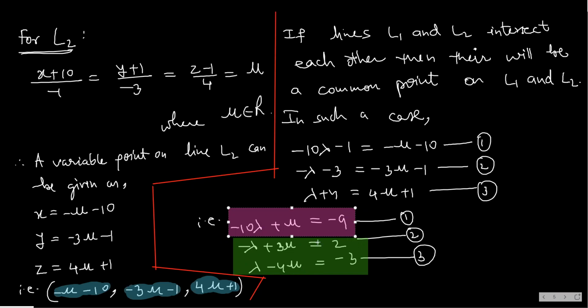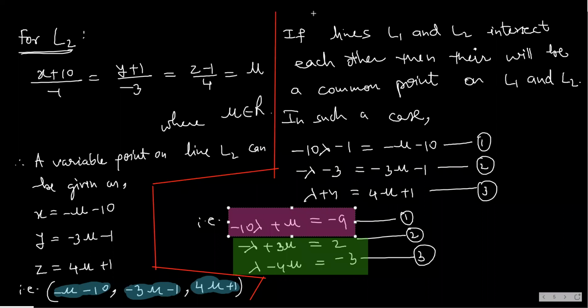If the values of lambda and mu satisfy equation 1, that means there exist lambda and mu such that the xyz on L1 and xyz on L2 are equal, and hence there is one common point, and hence the two lines are intersecting.